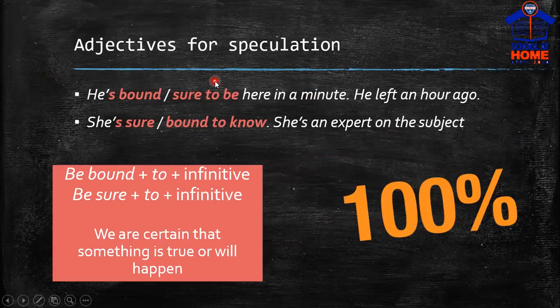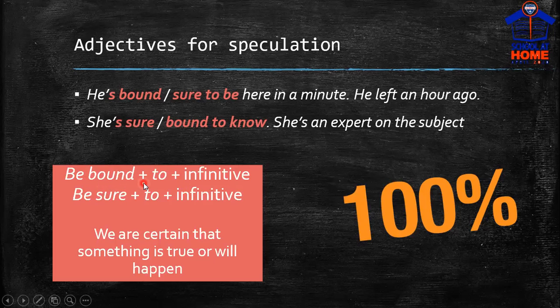Okay, adjectives for speculation. He's bound or he's sure to be here in a minute. He left an hour ago. Then we have, she's sure or bound to know. She's an expert on the subject. So 100%.